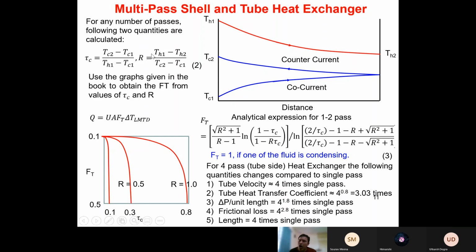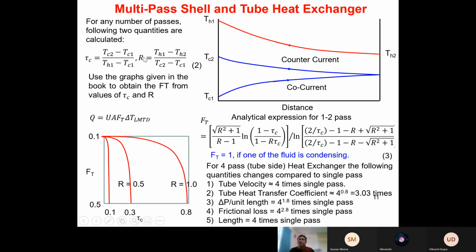So hot fluid enters the heat exchanger with the temperature of TH1 and eventually it releases heat to the cold fluid and its temperature decreases to TH2. So TH1 minus TH2 is nothing but the drop in the temperature of the hot fluid, divided by the increase in the temperature of the cold fluid, and this particular quantity is defined as R.